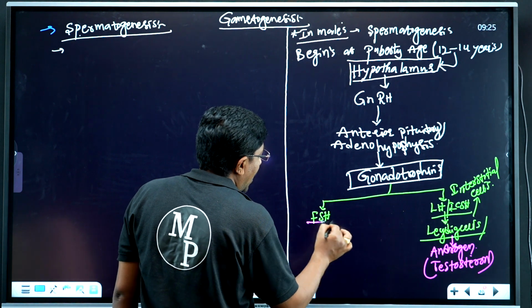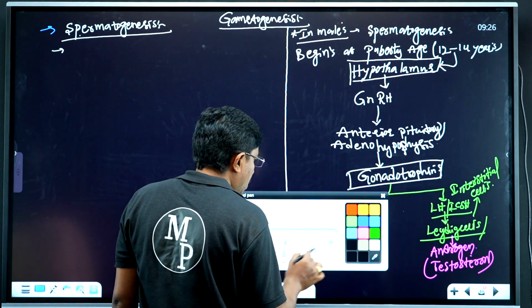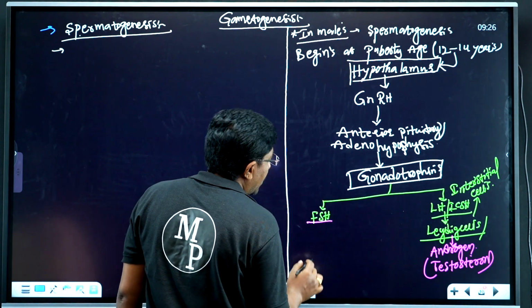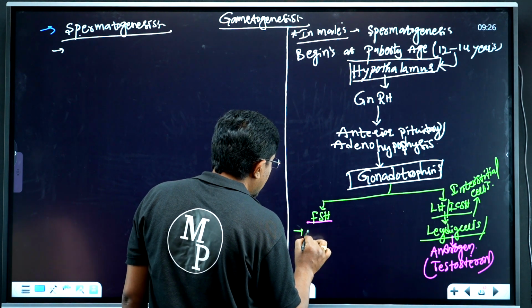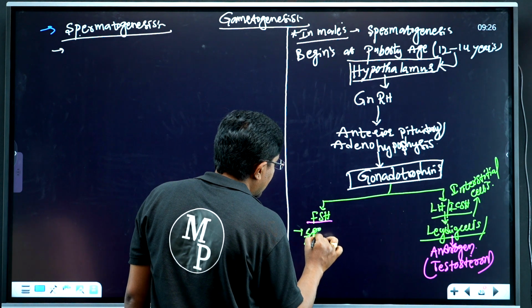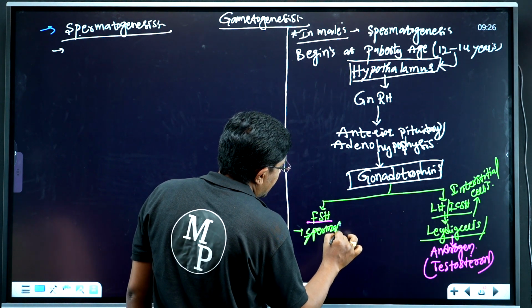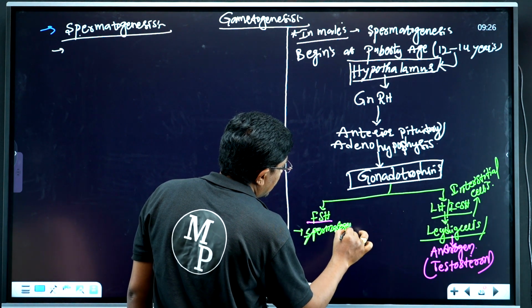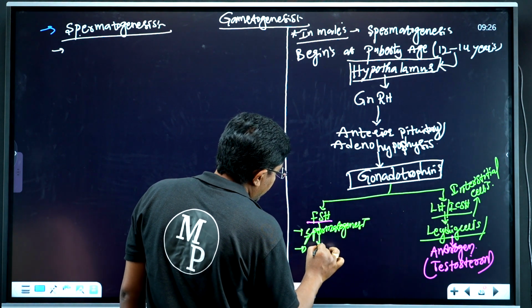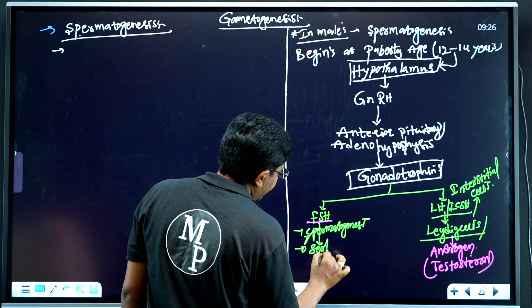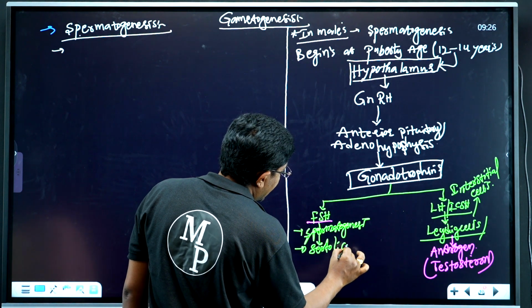Next, follicular stimulating hormone. What is the role of this hormone? It initiates spermatogenesis and stimulates the Sertoli cells. What is the function of Sertoli cells?